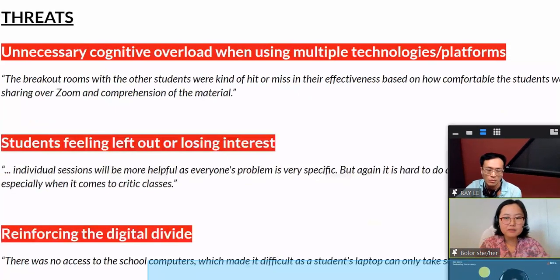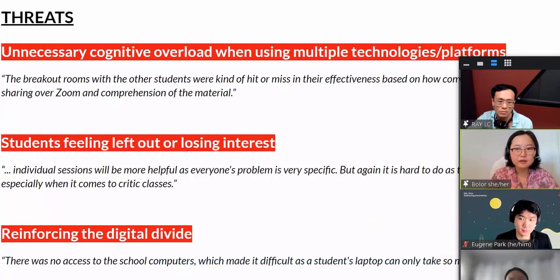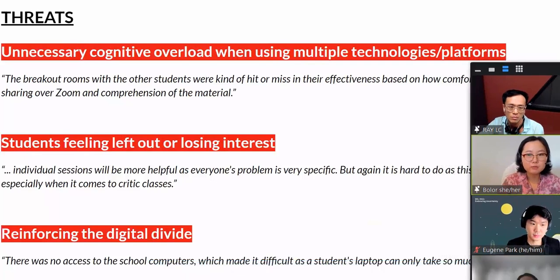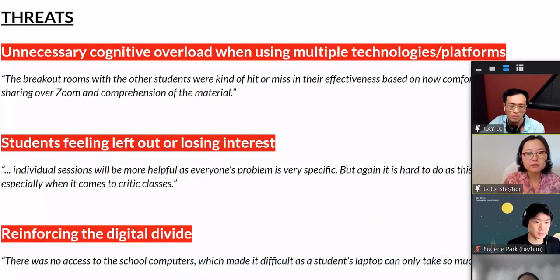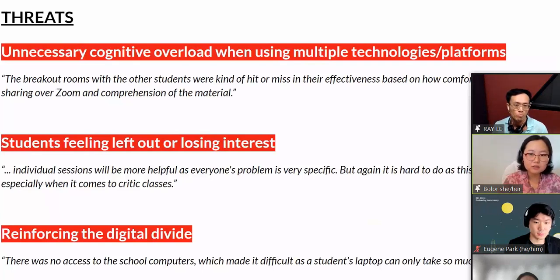And the main threats that we need to be aware of, as we design a course that purposefully incorporates online learning tools so that we can create more meaningful interactions with them, include avoiding unnecessary cognitive overload when using multiple technologies or platforms, students feeling left out or losing interest when there's lack of individualized attention given to them, or while navigating this complex set of systems, and reinforcing the digital divide, which is something we definitely don't want to do.